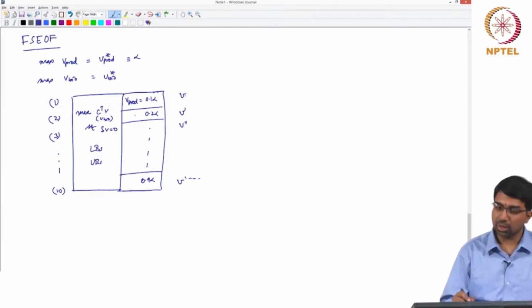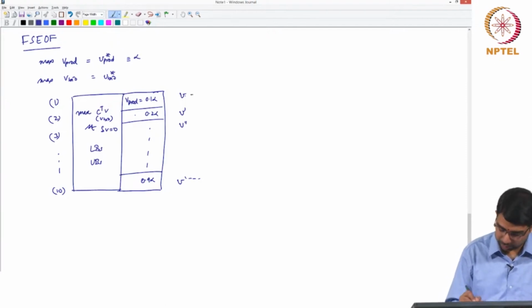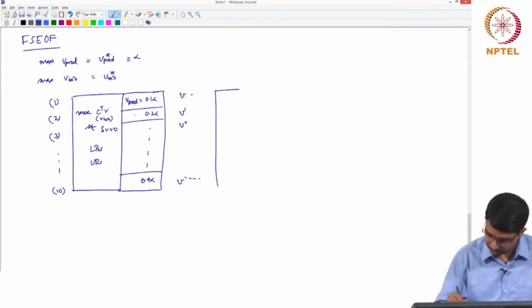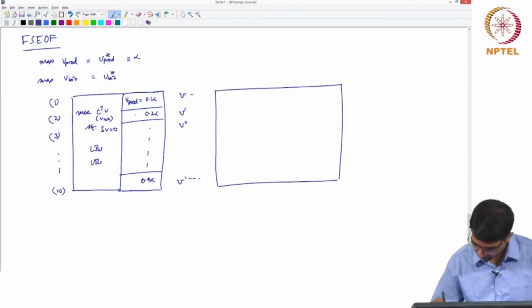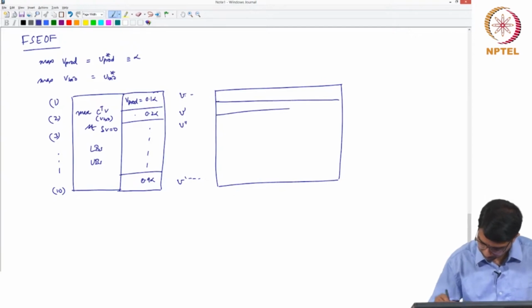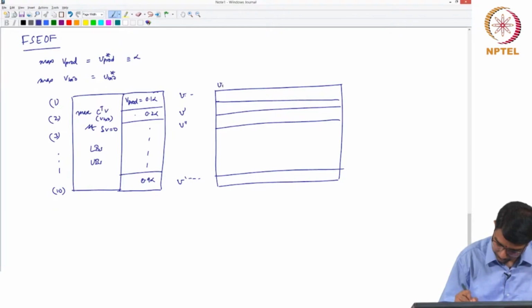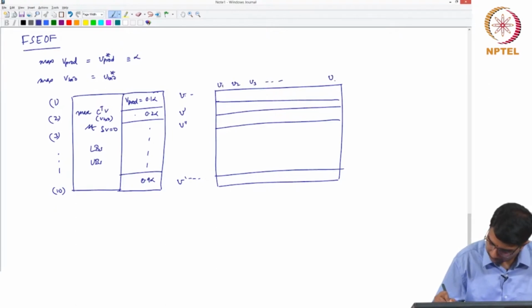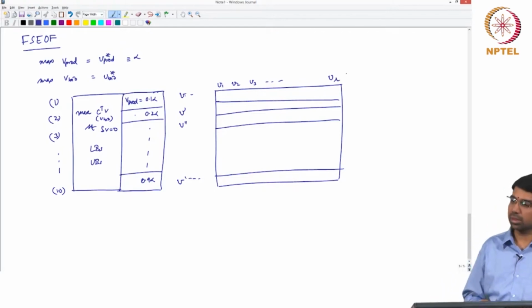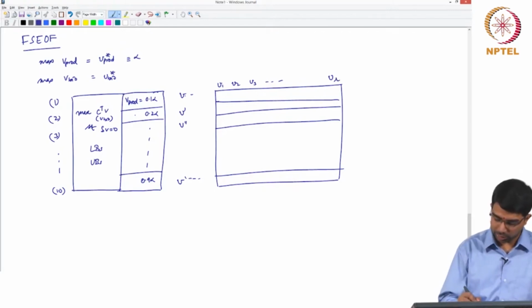So, how do they look? These are basically going to be vectors, with values for V1, V2, V3, up to VR, is that right? And you are going to have 10 or 9 values for these.